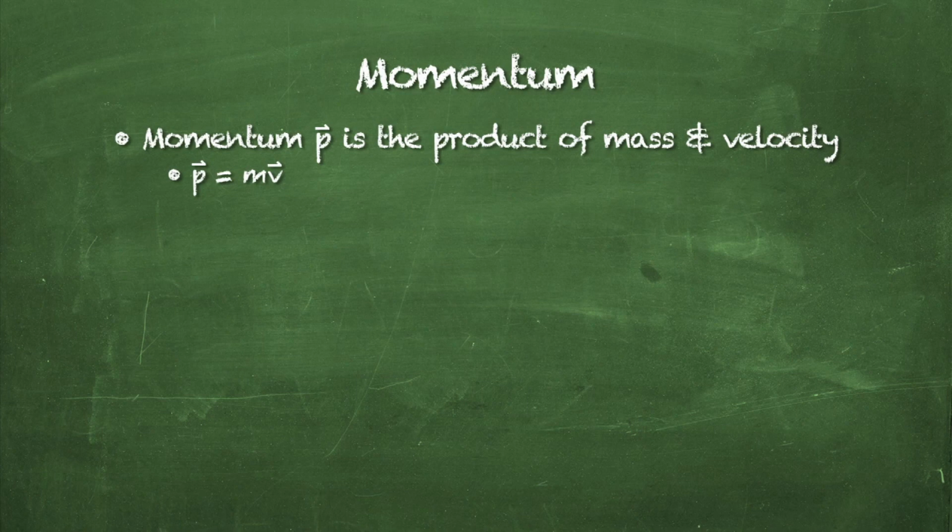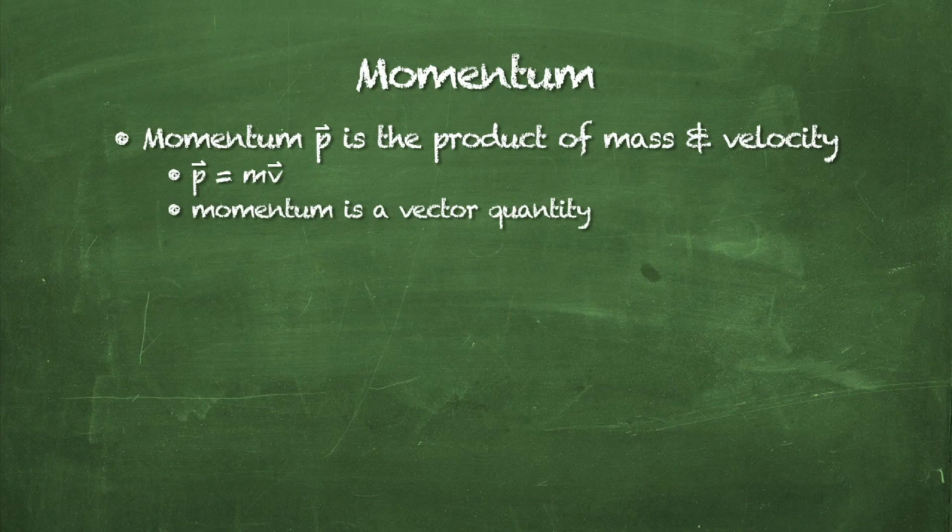Now, mass is a scalar, but velocity is a vector. So when you multiply a scalar times a vector, you get a vector. So in other words, p is also a vector. So we have to write our equation, p vector is equal to mass times velocity vector. So momentum, being a vector, has both magnitude and direction.